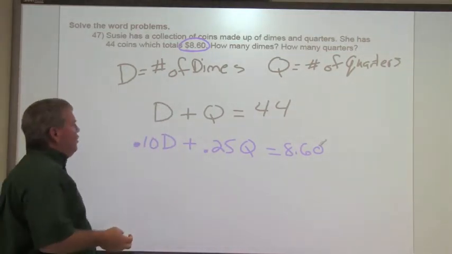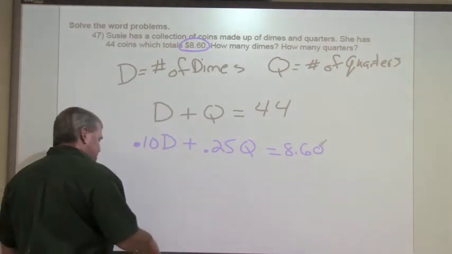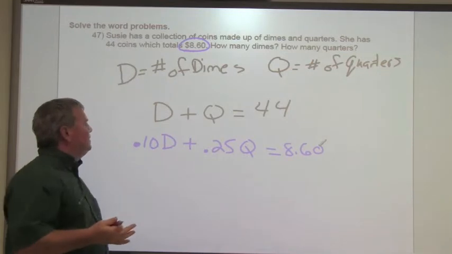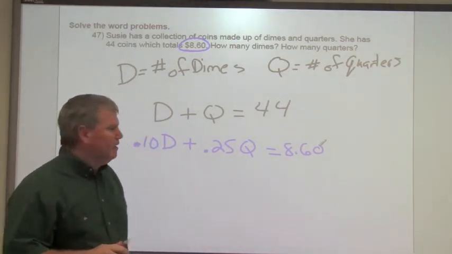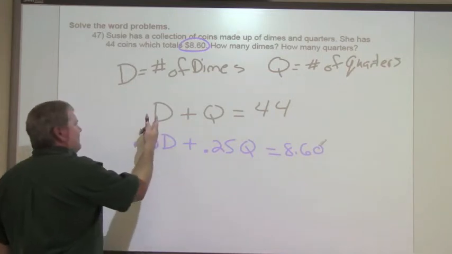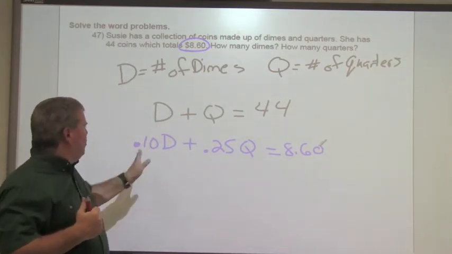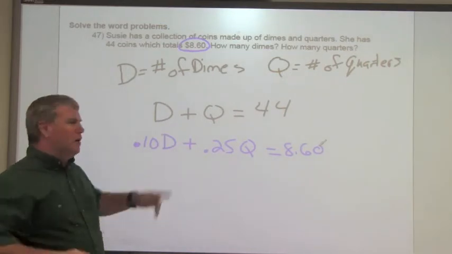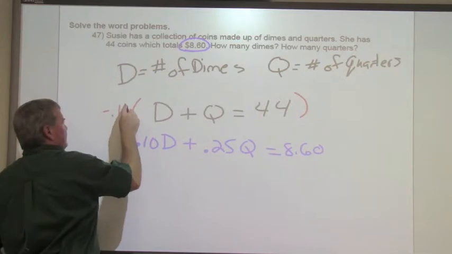Now I'm going to use the elimination method. If I use elimination, then I need to eliminate one of these variables. I'm going to go ahead and eliminate D. To do that, I need to make this D be the opposite of the blue D, which is 0.10. I need this one to be a what? Negative 0.10.